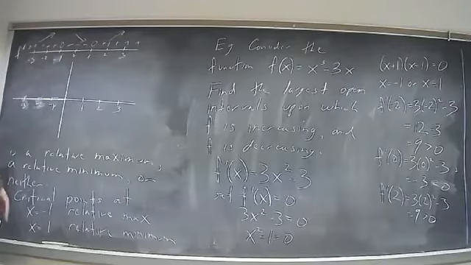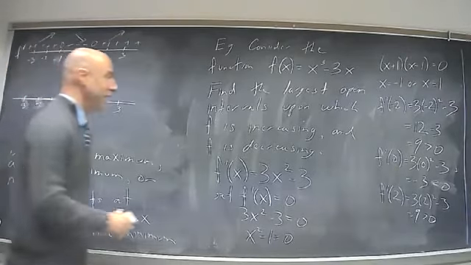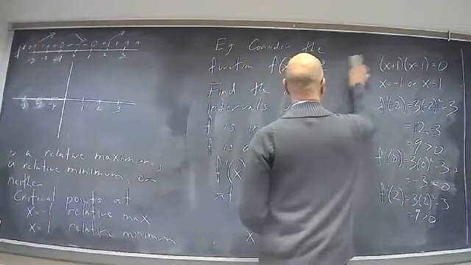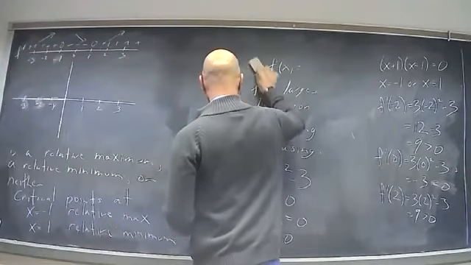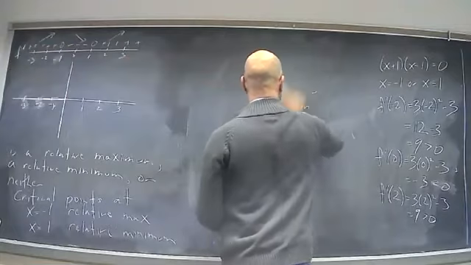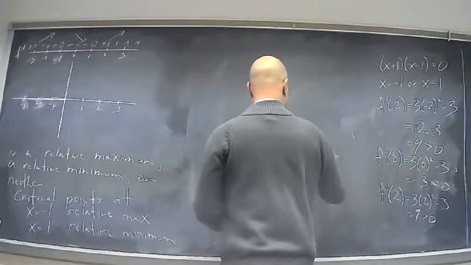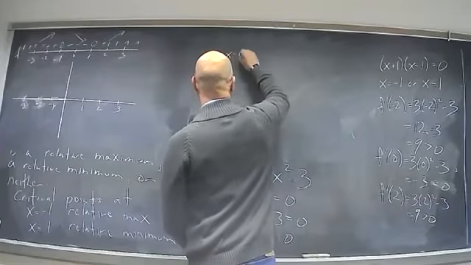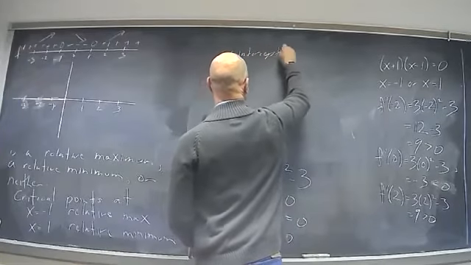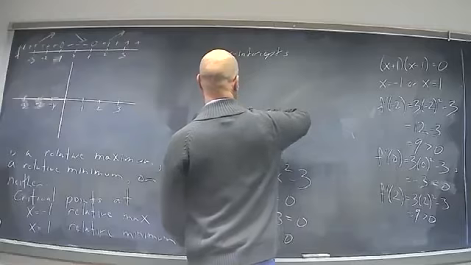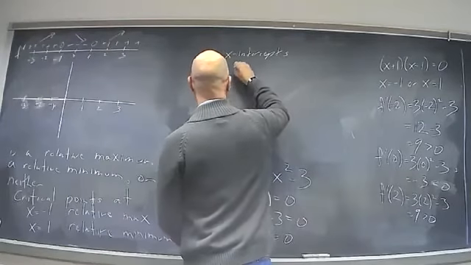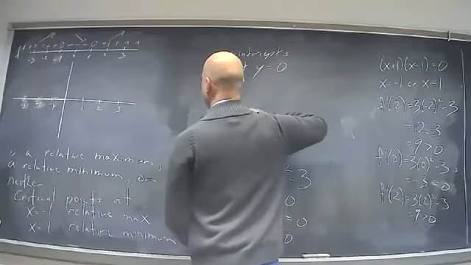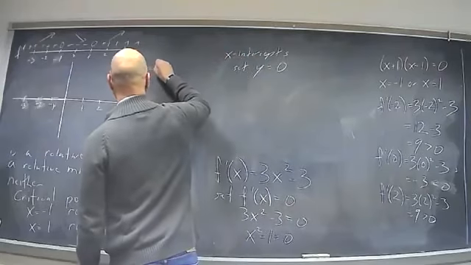Even though we're not quite in a position yet to be able to sketch an entire graph based on the information we have, we can at least figure out where it crosses the x-axis. So we can find out its x-intercepts. That we could do without calculus. That's just algebra. So for the x-intercepts, we'll just set y equal to 0. And y, of course, is equal to f of x.